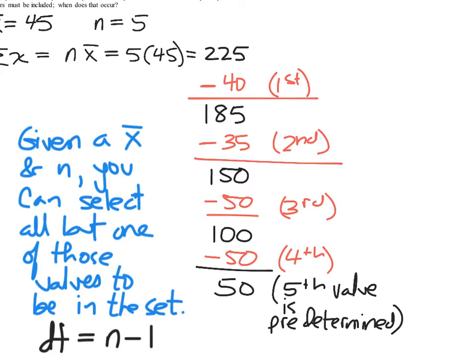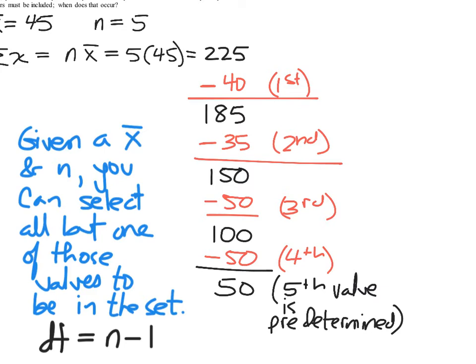Now, as it turns out, depending on the values that you select, and this should make sense, if you have a mean and a number of values in a data set, you can select any number of different possible values. For example, I could have selected the first 4 values to each be 1.